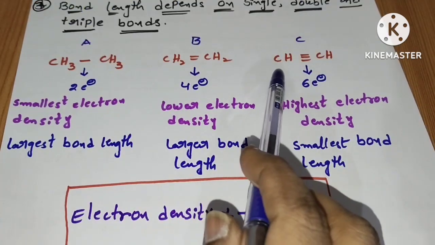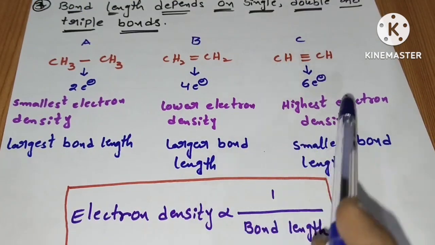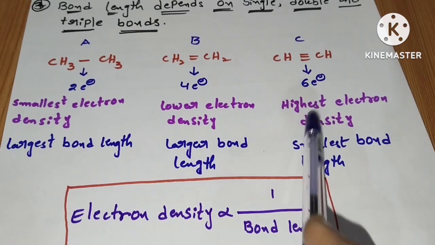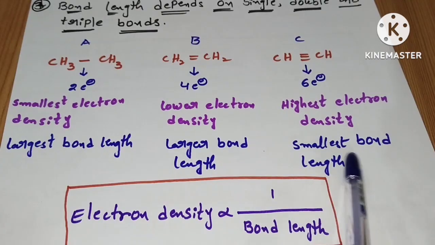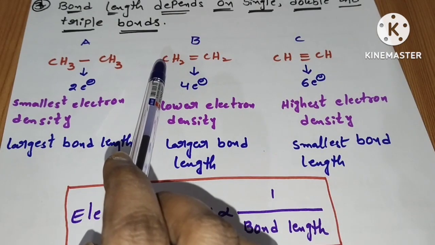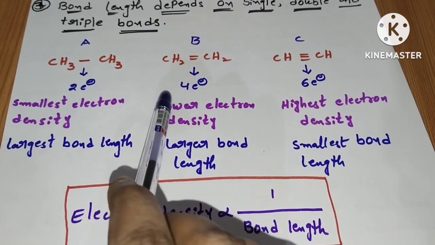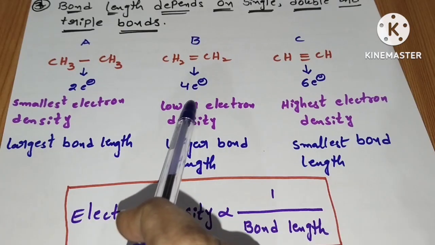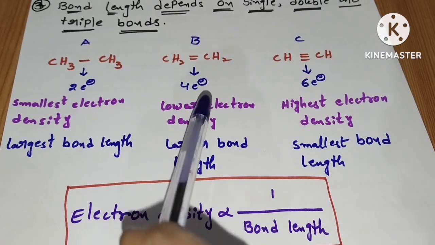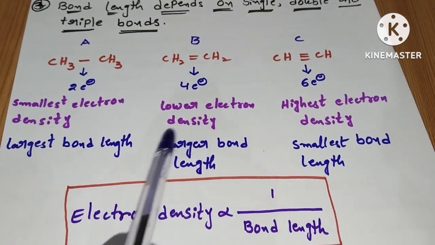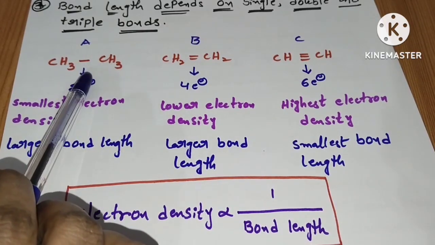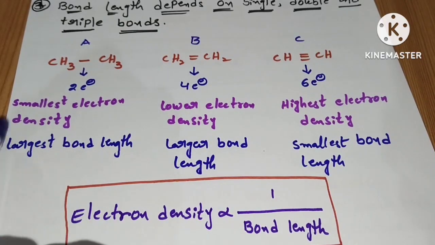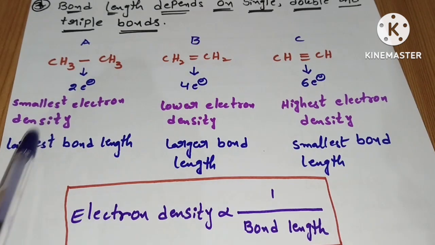We can see that this triple bond contains 6 electrons. It has high electron density and it has shorter bond length. While this double bond has 4 electrons, or lower electron density, plus it has large bond length, while this single bond has 2 electrons, lowest electron density, largest bond length.